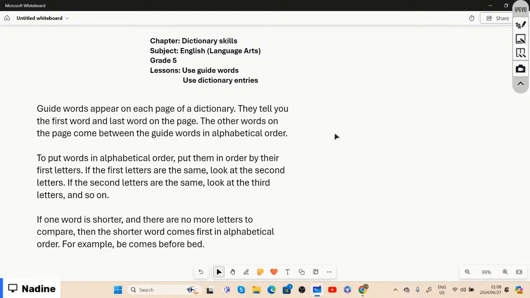And we said that the words within a dictionary are alphabetical. So on each page within the dictionary, you'll have a word right on top of the page, and you'll also have the last word on that page, and we call those guide words. The first word will tell you the first letter or the first and second letters of all the other words thereafter with similar letters, because we're talking about it going alphabetically. And then the last word will also tell you which specific words you will find in between those words.